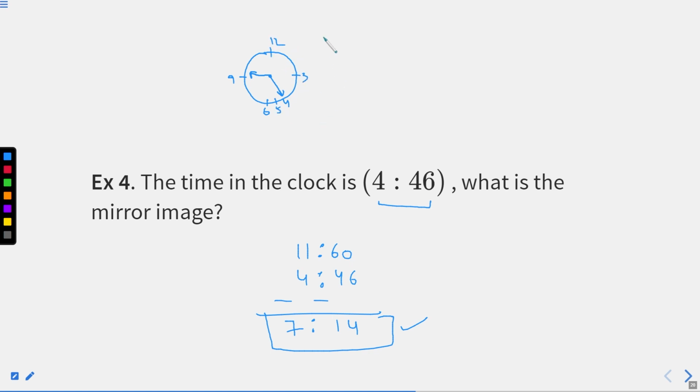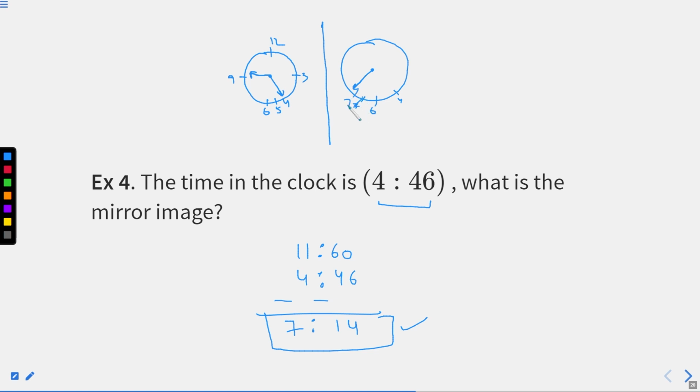Now we have the clock. If we make the mirror image of this, we'll get something around here. So this is 6, we know. This is 4. This is somewhere close to 5. So it means 7, slightly above 7, right?